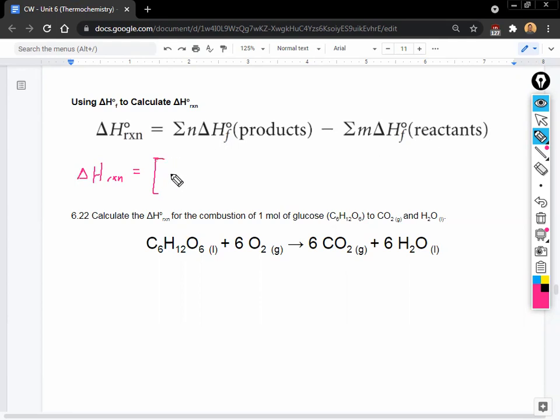So it's products minus reactants. It's also going to depend on how many moles of each there are, so you're gonna have to multiply carbon dioxide by 6, and then H2O by 6, et cetera, okay?